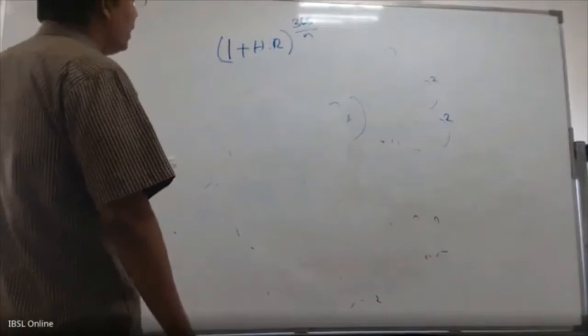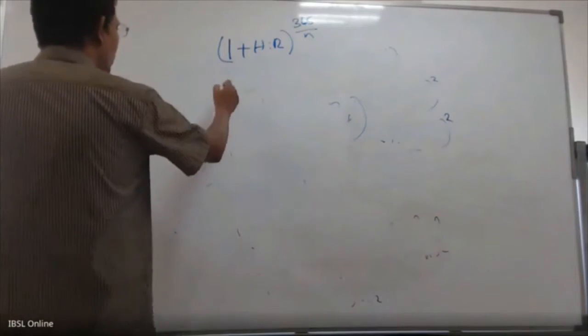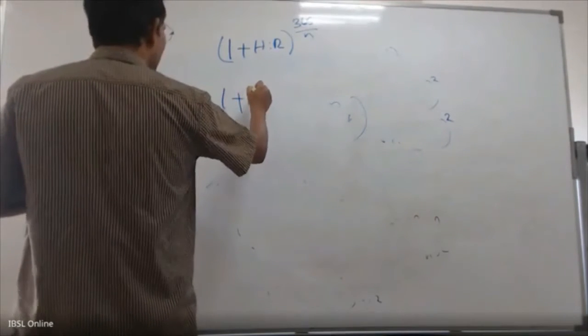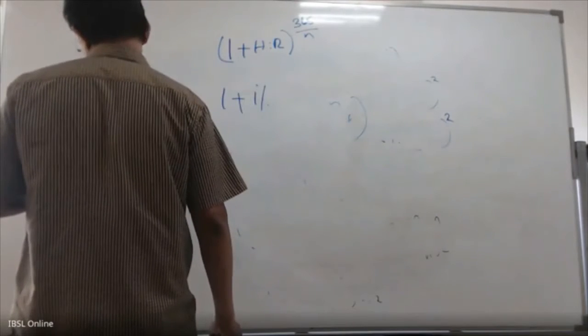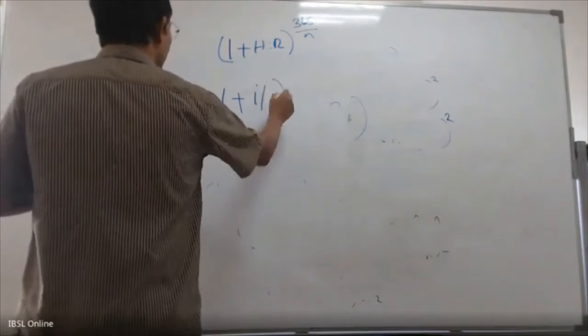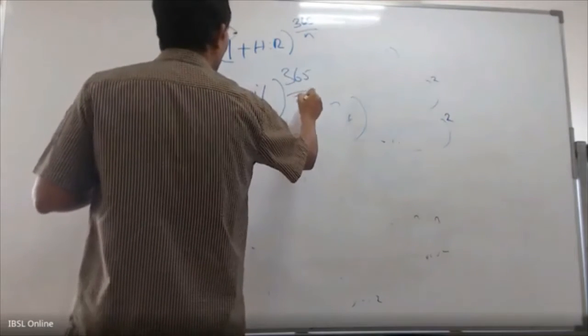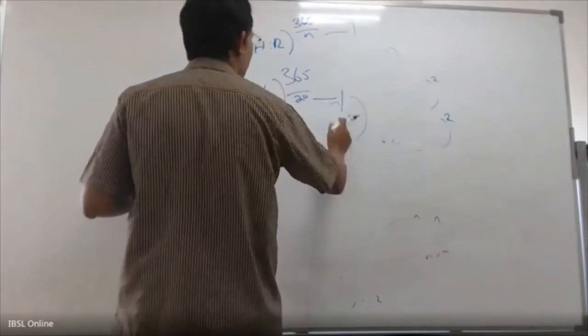So 1 plus the holding period return, here 1%, for 20 days. So 365 divided by 20, and minus 1.